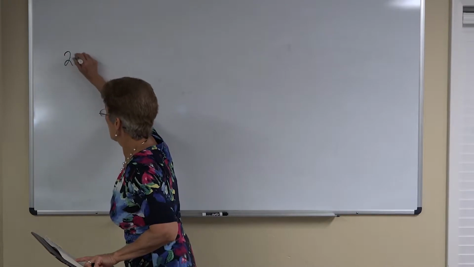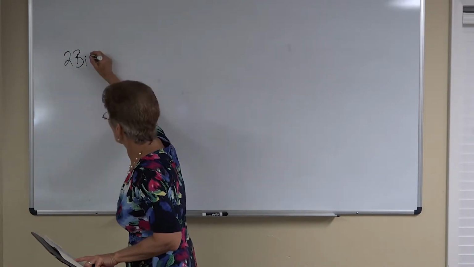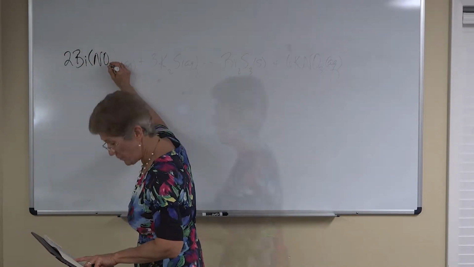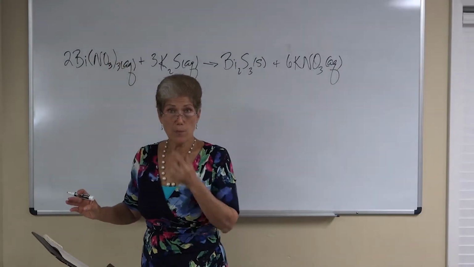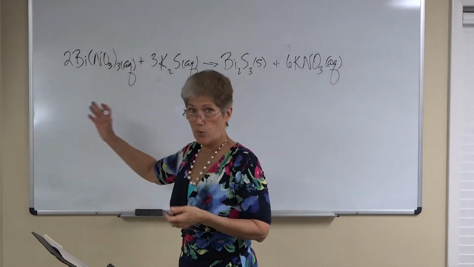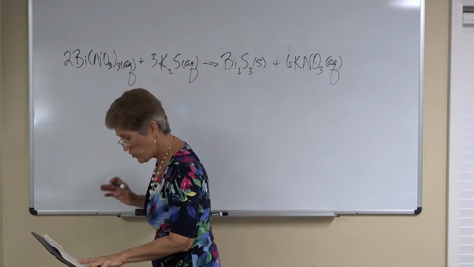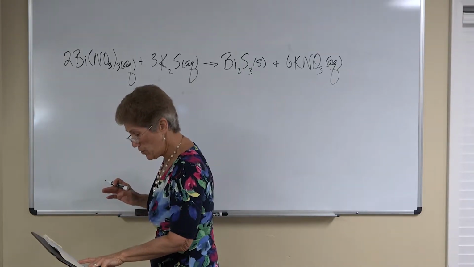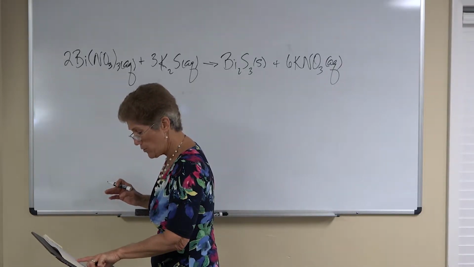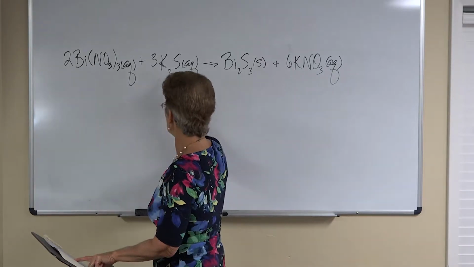Okay, so the best way to do this, and what I told you in class, is to set up your equation with your information. The best way to do these problems is to put your balanced chemical equation out, and then write your information into it.